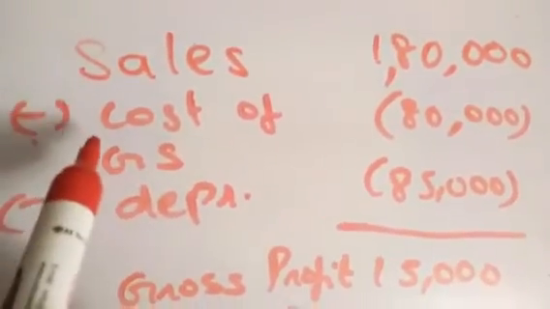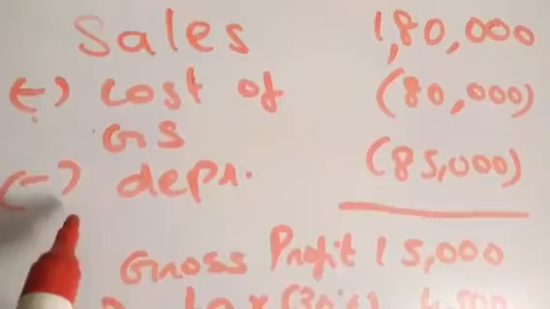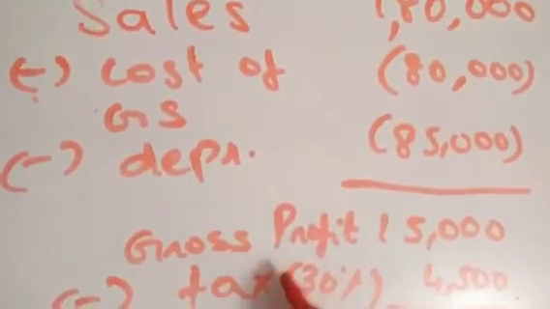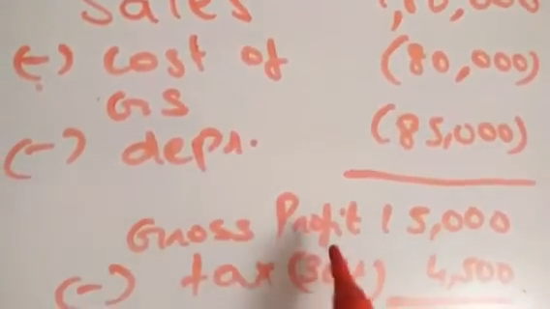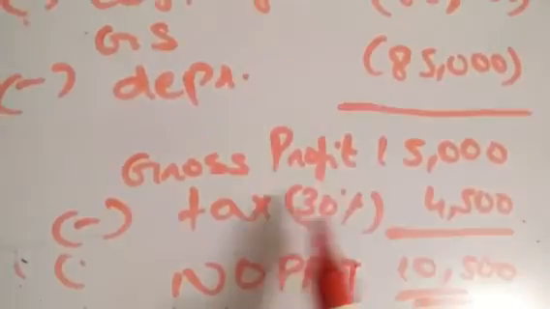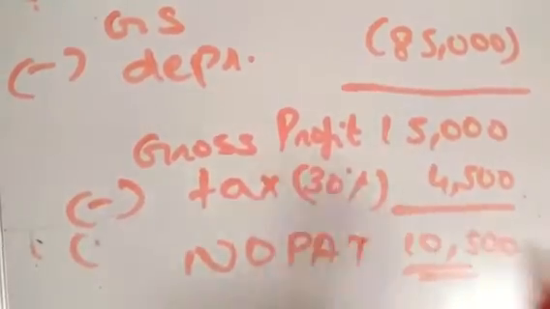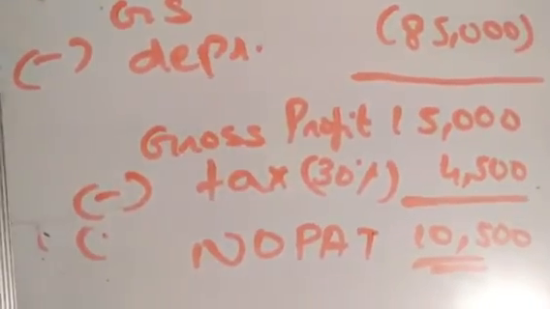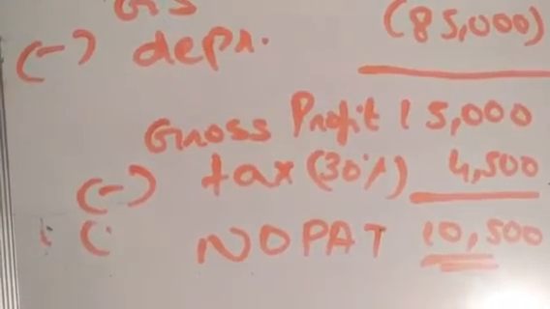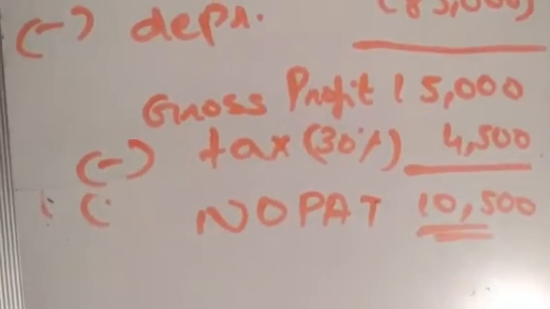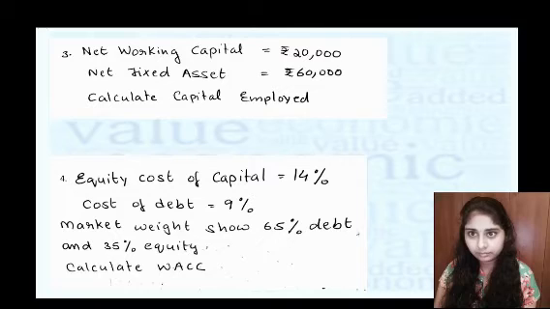First we take sales, and we deduct the cost of goods sold and depreciation. So we got the gross profit as 15,000. From gross profit, we are deducting tax at 30%, which is 4,500. So when deducting, we get 10,500 as our NOPAT. So this is our NOPAT. I hope it's clear to you all.